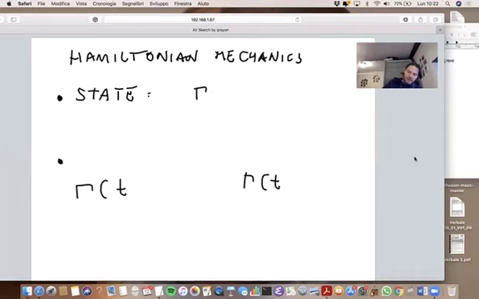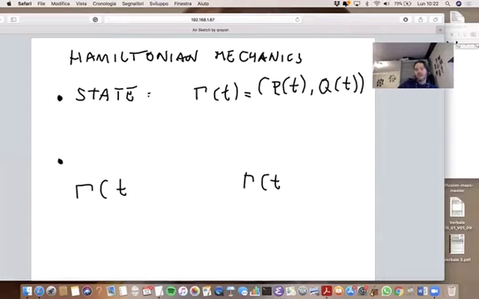So let's say the state of a physical system at some time t is the collection of all momentum coordinates and position coordinates. Remember, the capital letters are used to denote all collections of momenta and positions. So just to be specific, and similarly, Q is Q1.